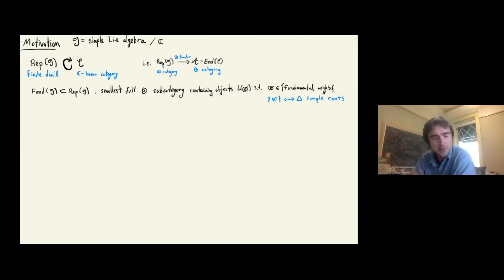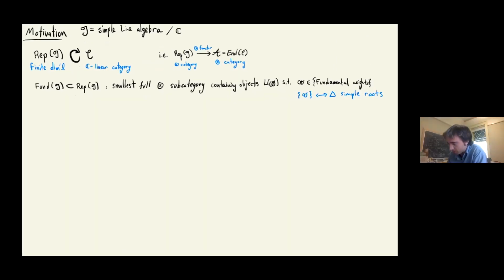So the first step in this process is that we want to replace the whole category of representations of this Lie algebra with some more combinatorial subcategory that we can study in its place. So I'm going to let Fund G be the smallest monoidal subcategory, which is just the full subcategory monoidally generated by these objects L of omega, or L of pi for pi a fundamental weight.